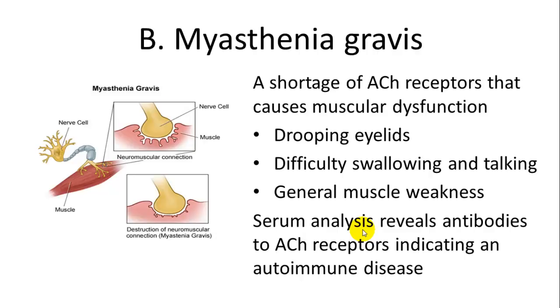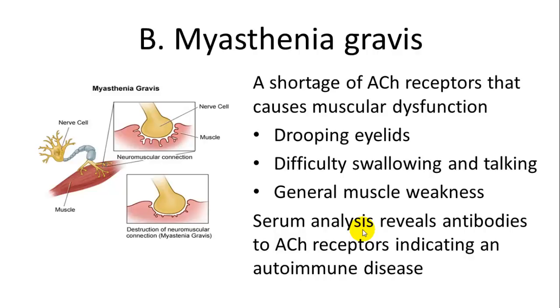So the symptoms of myasthenia gravis are all neurological in their behavior, neuromuscular at least. And so drooping eyelids, difficulty swallowing and talking, general muscle weakness are all muscle responses to neural input. And so when you have those problems, it may be a sign of myasthenia gravis.